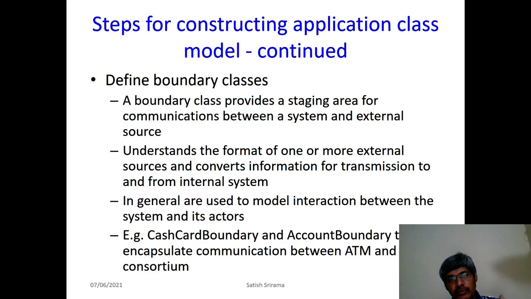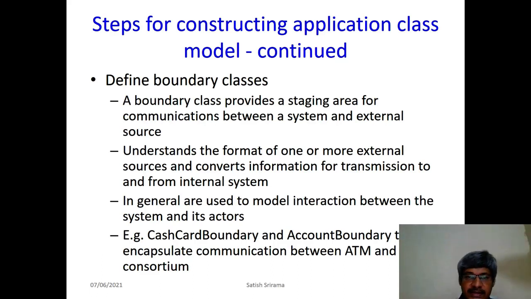For example, how you interact with an ATM should not define how you define your bank account. Your bank account and its static features are standard. How the ATM interacts with that bank account is a different aspect.